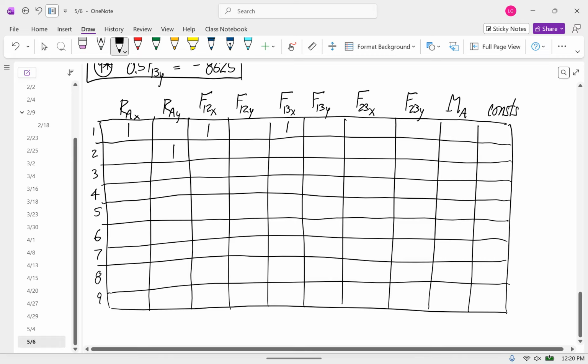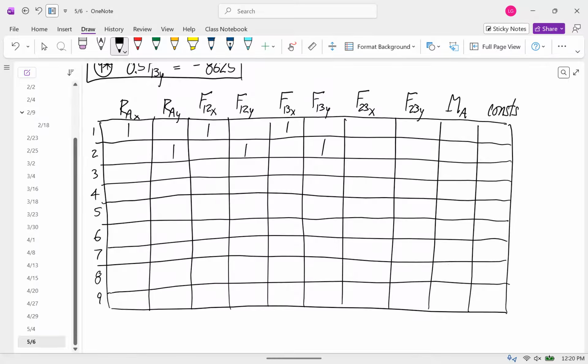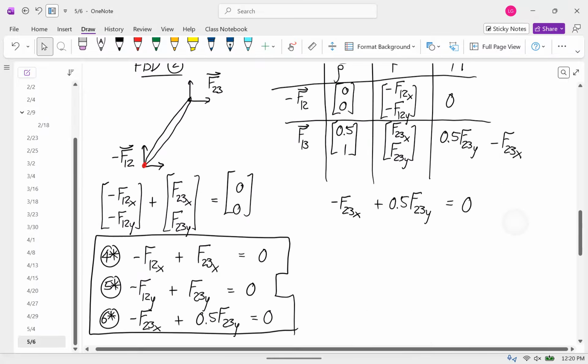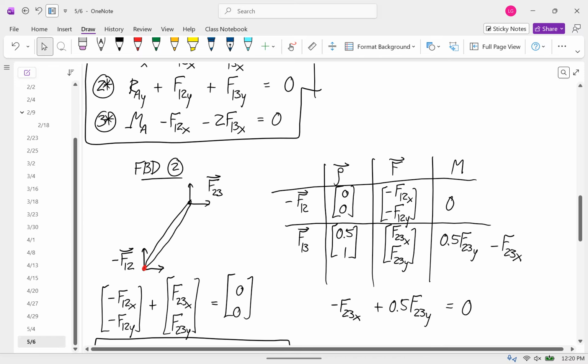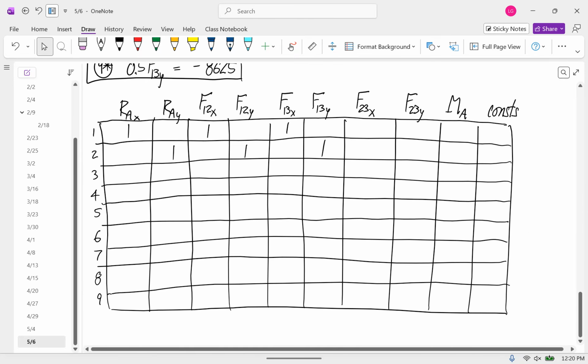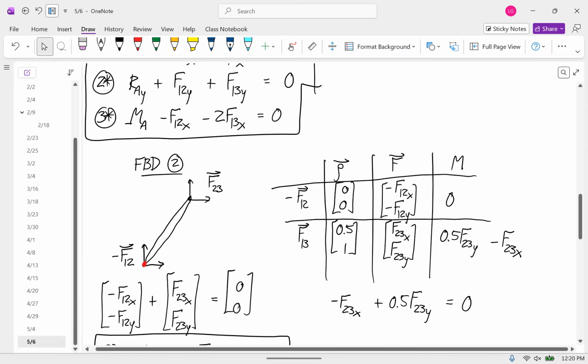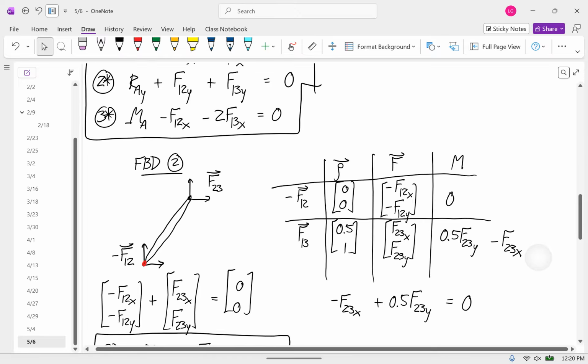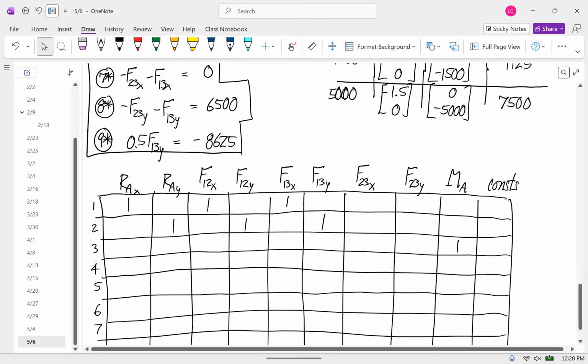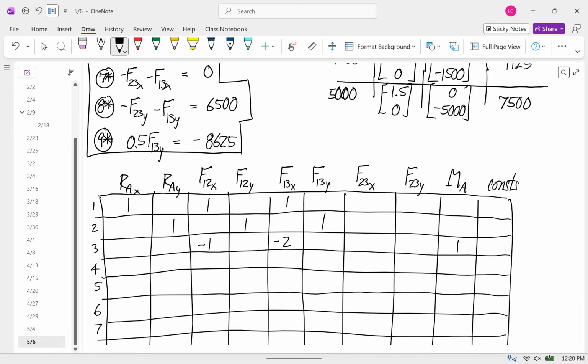So RAY, F12Y, F13Y. And then equation 3, MA. I don't think I can remember this. So MA is 1. F12X is -1 and F13X is -2.